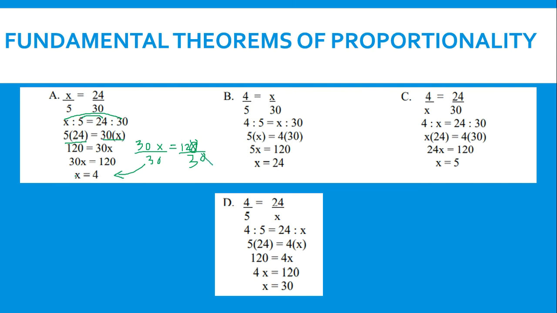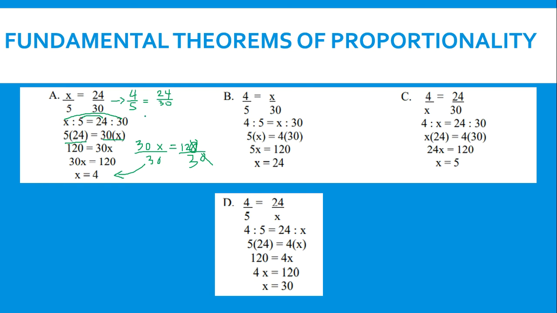Therefore x equals 4. And therefore 4 is to 5 as 24 is to 30.